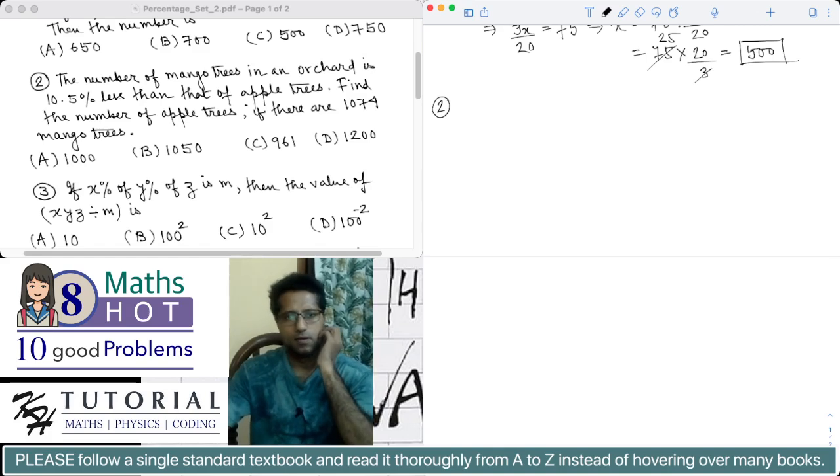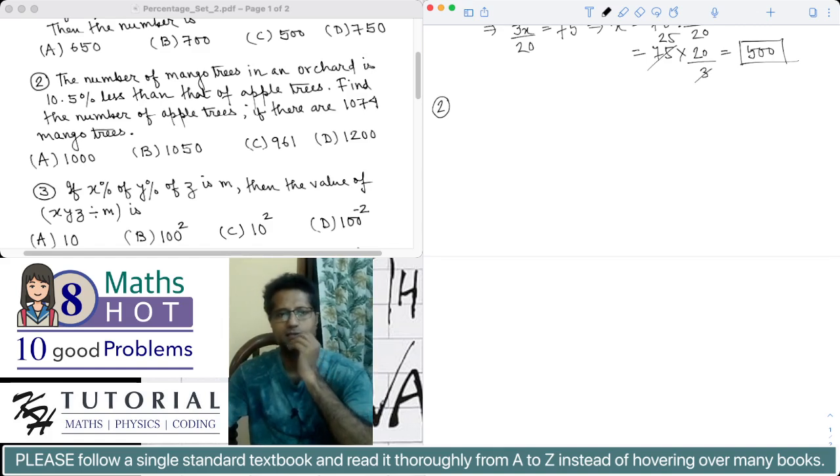Now, it is saying that in an orchard, the number of mango trees is 10.5% less than that of apple trees.